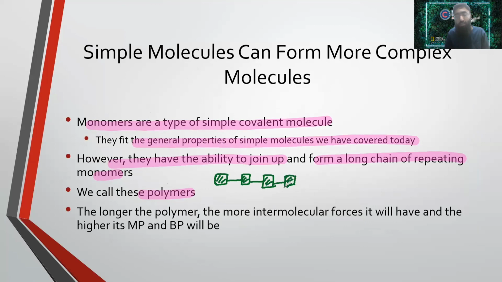The longer the polymer, the more intermolecular forces it will have, and the higher its melting and boiling point will be. When different monomers combine, the structure becomes a long chain with more intermolecular forces, so it has a high melting and boiling point.